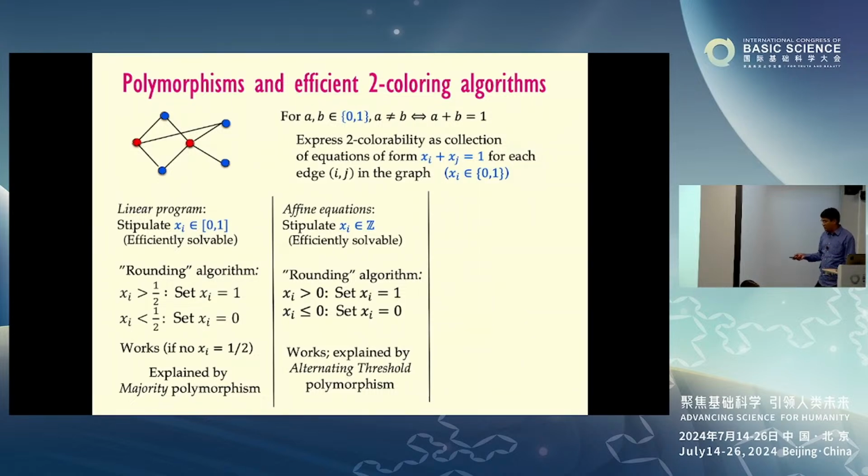If it's non-positive, make it 0. And once again, 2 positive integers can't add up to 1, so you can't get both ones, and 2 non-positive numbers also can't add up to 1, so this will be a valid 2 coloring. Okay. And the fact that this works is again explained by a certain polymorphism called alternating threshold, which I'm not going to define, but it's basically like a signed form of majority.